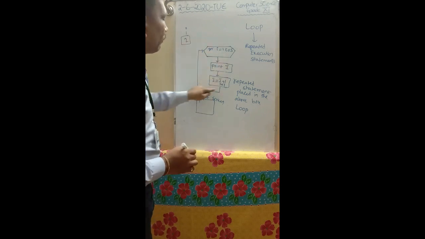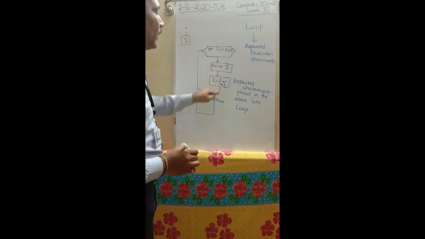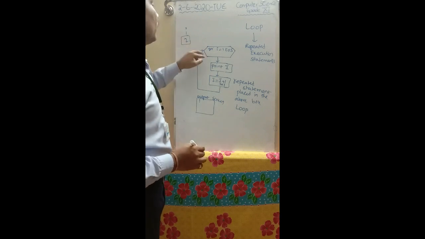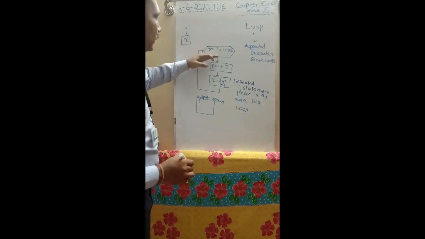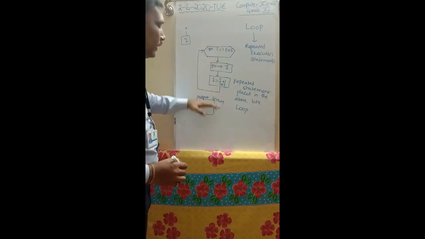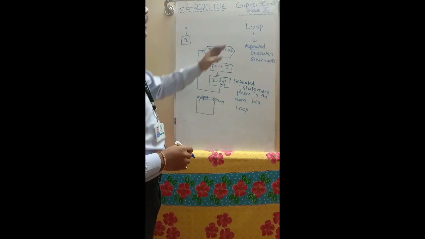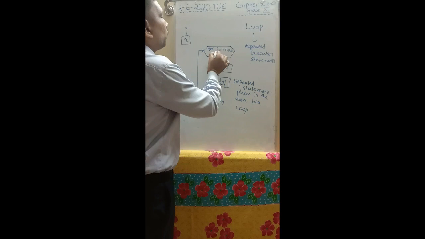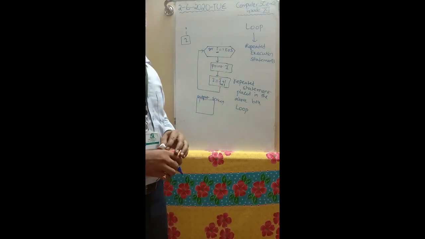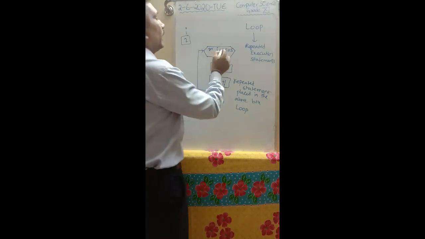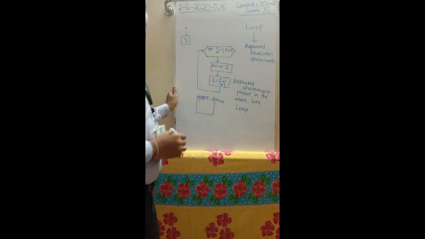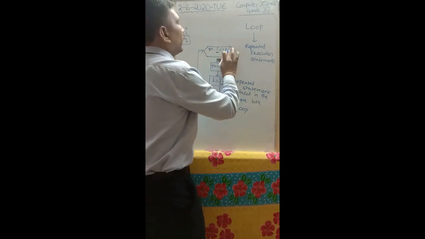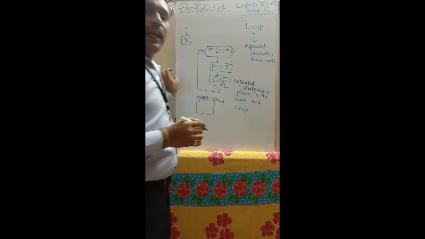In this way all these statements are executed repeatedly 5 times, until I reaches 5. When I reaches 5, this loop terminates and enters into the next statement. In this way loops can be executed repeatedly a number of times. Here I is called the loop control variable. It is initialized with a starting value, that is 1 here. The ending value here is 5.